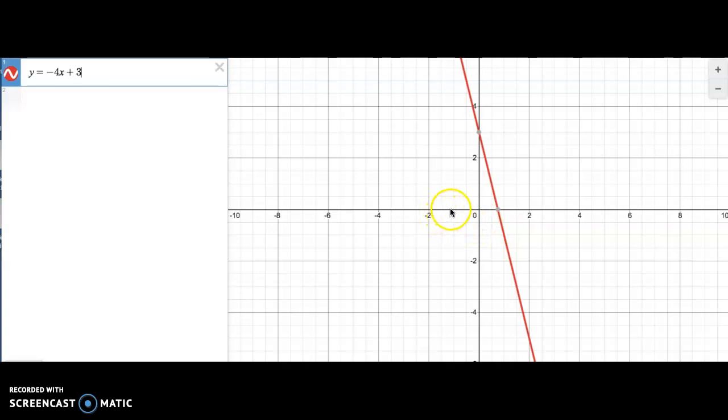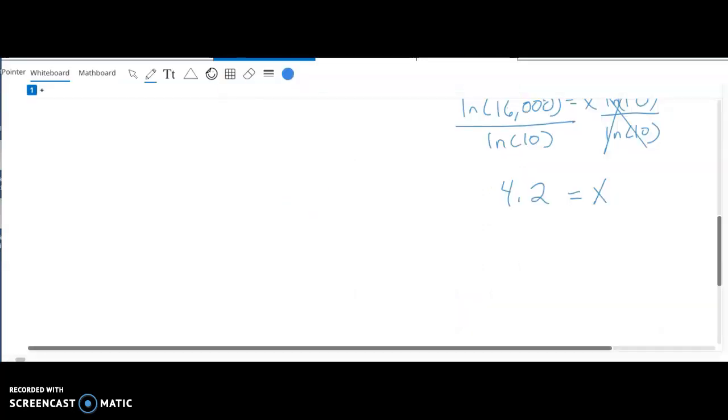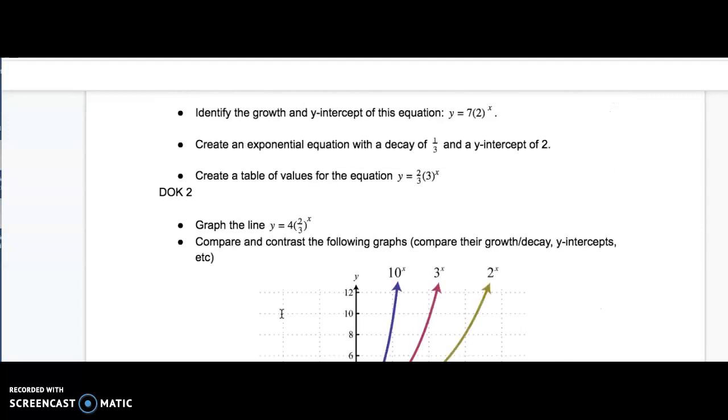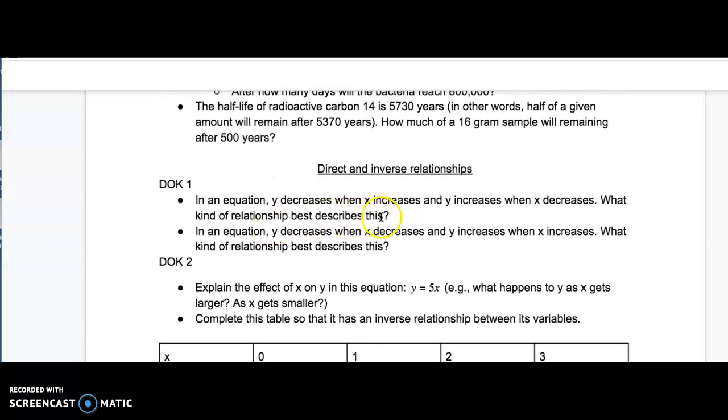So you can see that when the y goes down, the x is going up. So as we increase in the x, the y is going down. So that is called an indirect relationship. So for this part here, it's an indirect relationship.